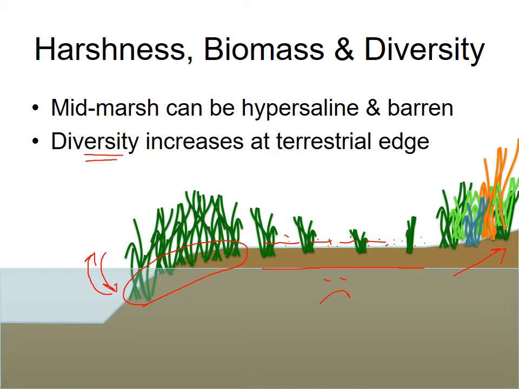So greatest productivity at the offshore edge, lowest productivity and diversity in the middle, and then the highest diversity, although not necessarily the highest productivity, at the inshore edge where it starts to blend with the land community. Hope that makes sense.